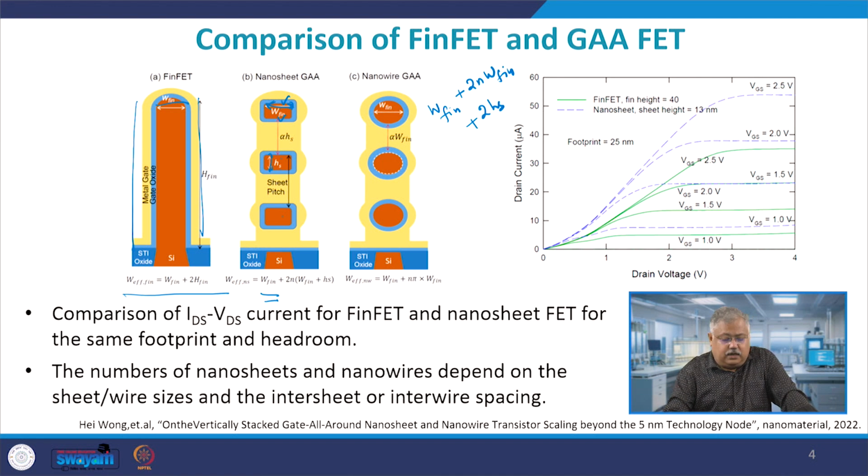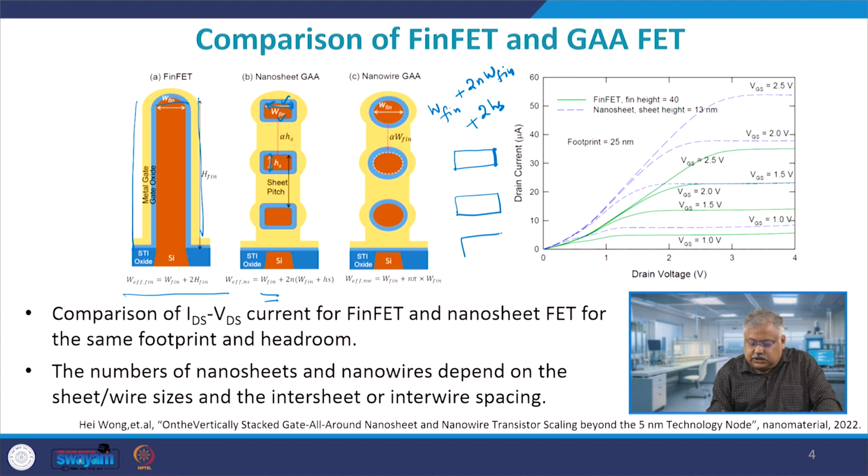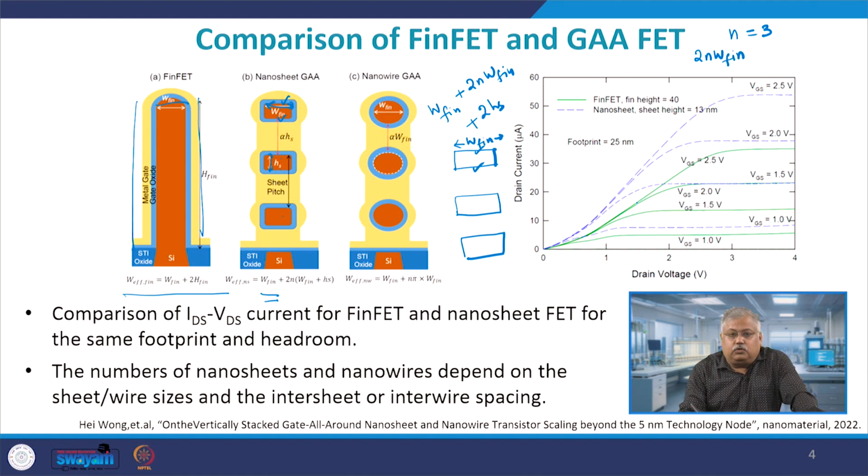So effectively the total width, I will try to explain much more easily. Suppose this is one sheet, this is another sheet, this is another sheet. So n equals 3 in our case. Now, this is my W fin. Each sheet has one W fin here, one W fin here, so each sheet has 2 W fins. If there are n sheets, there will be 2 n times W fin available to us.